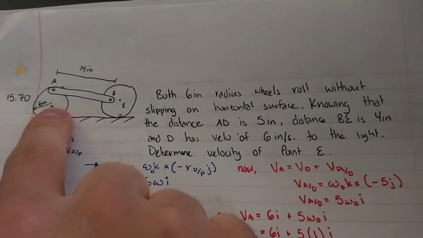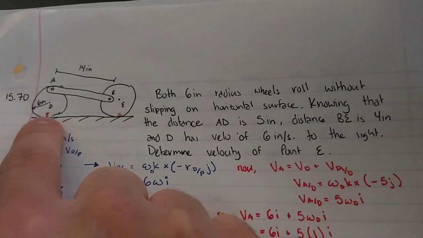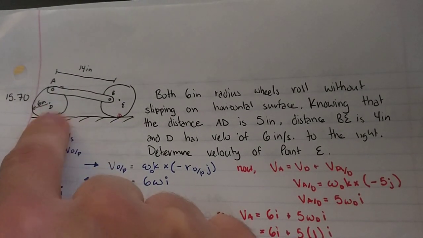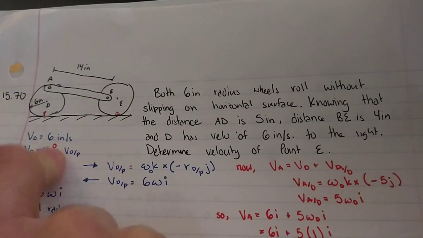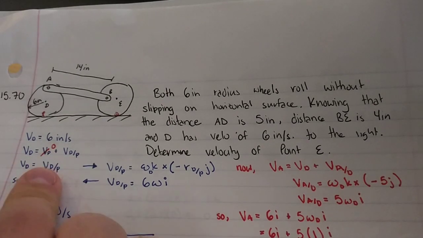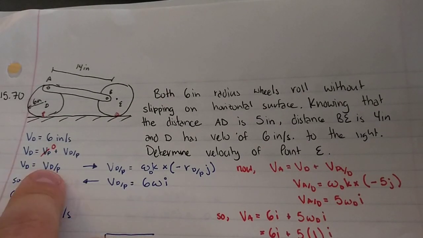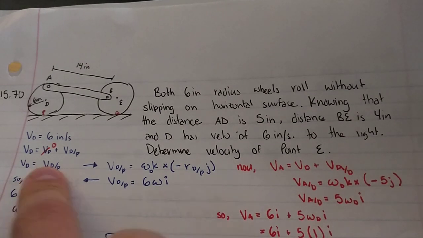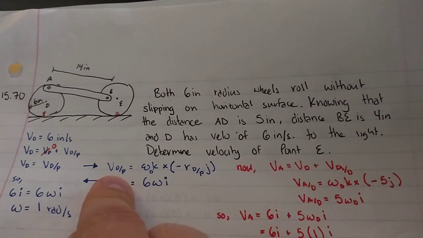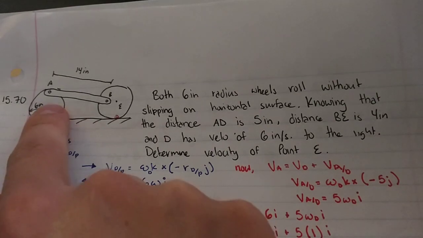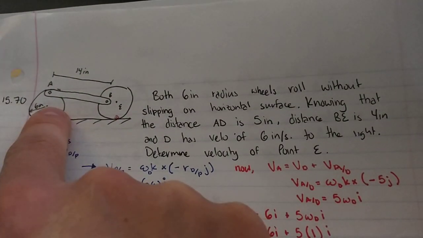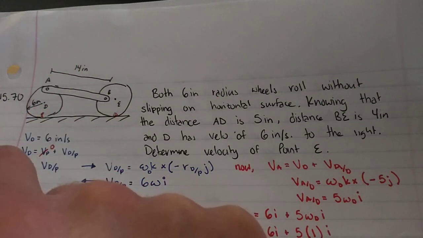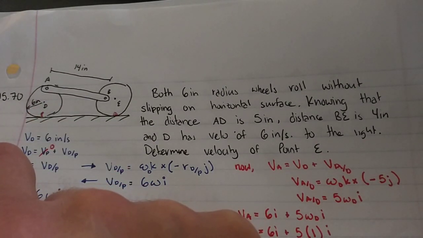We know the velocity of D has essentially a component of the velocity of P, the velocity of D to P. So, set that out. We know the velocity of P, there's 0 slip, so that's 0. So, the velocity of D is equal to the velocity of D to P. Now, the velocity of D to P is equal to the angular velocity omega k crossed with the radius in the j direction, which is 6.